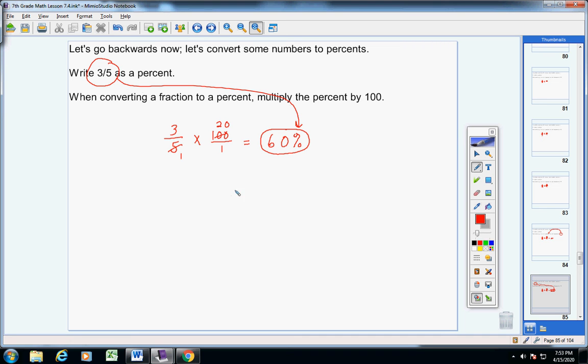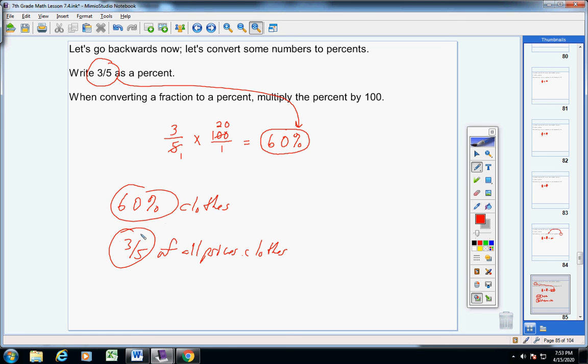If you went into a store that was having a big sale, and they said 60% off all of their clothes, that's the same thing as saying 3/5 off of all prices of our clothes. Same thing. 60% is the exact same thing as 3/5. Okay? Now, so that's what you do when you go from a fraction to a percent. Got it?